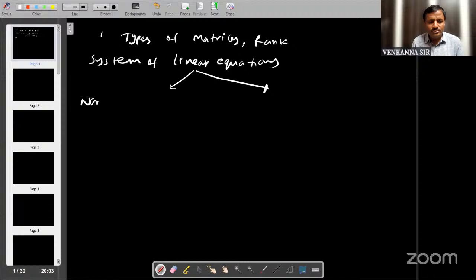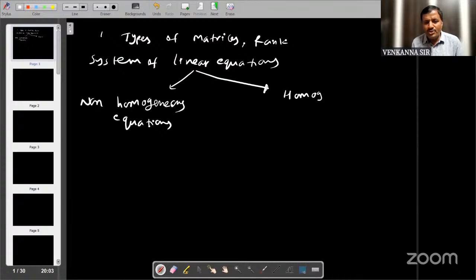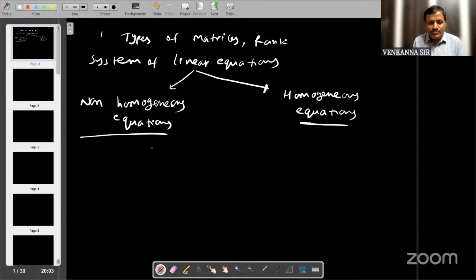Non-homogeneous equations, and homogeneous equations. So what are the non-homogeneous equations and homogeneous equations?